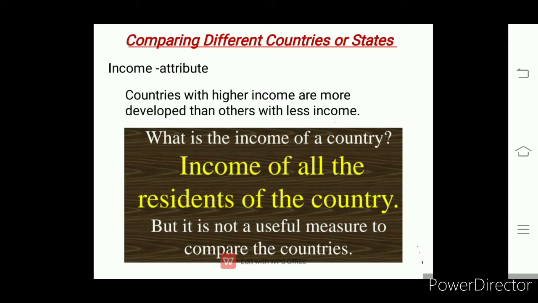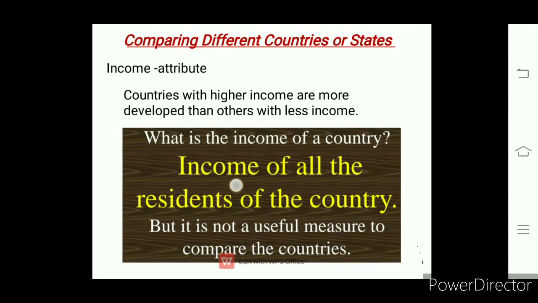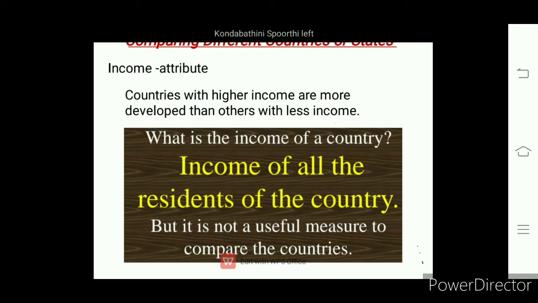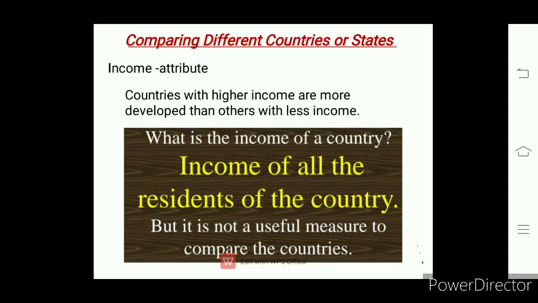What is not correct? Total income. Total income is not a useful measure for comparing the countries or states, because it does not reveal the actual development taking place in the countries or the states, right?